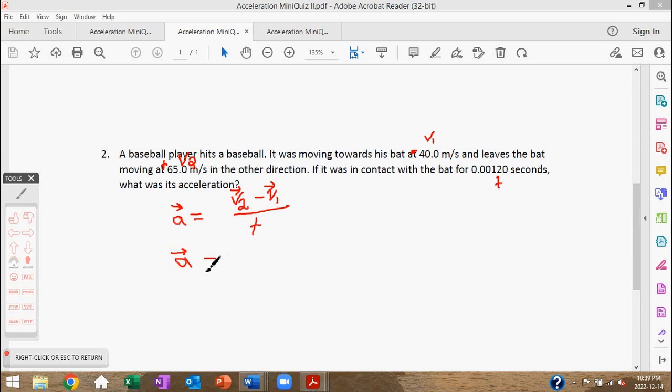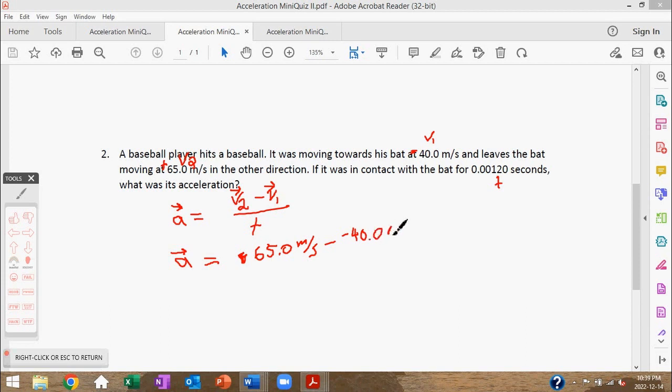So V2, that's this positive number, so V2 is our positive 65 meters per second. And now we're going to subtract V1. Now remember, V1 is negative, so this is going to be minus negative 40.0.